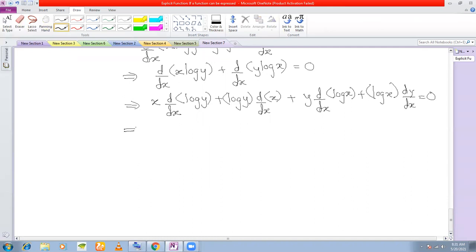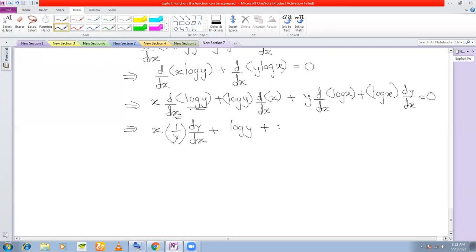Now let's differentiate this. x d/dx of log y. How will I differentiate log y with respect to x? I have a function of y and I'm differentiating with respect to x. As I told you, first you differentiate with respect to y to get 1 by y, since the derivative of log y is 1 by y, and after that you multiply by dy/dx. Plus log y, and d/dx of x you know is simply 1, so you don't have to write anything there.